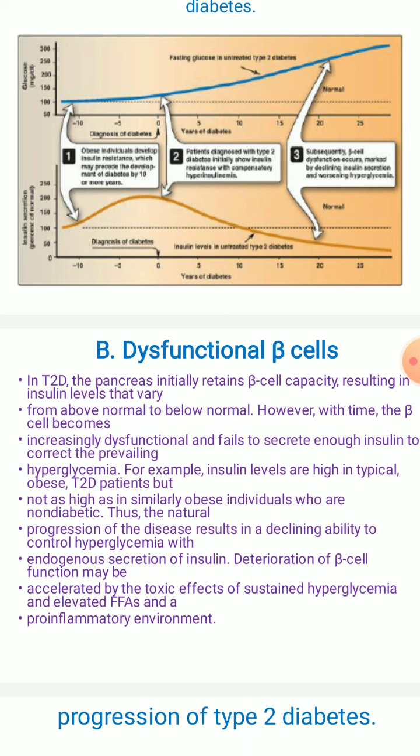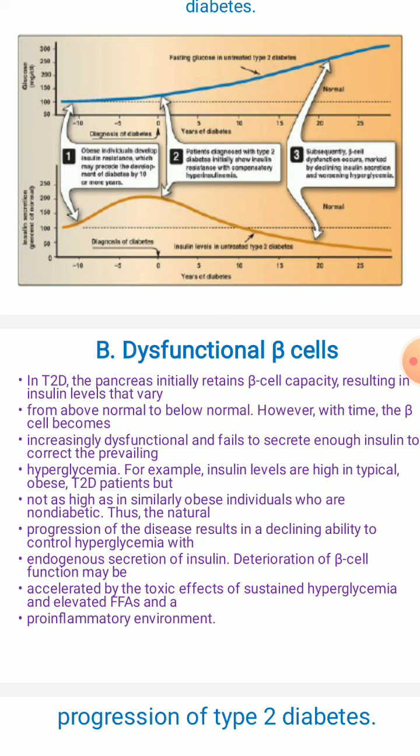Insulin levels will be higher in typically obese individuals with type 2 diabetes, but not as high as in similarly obese individuals who are non-diabetic. So you can see that the natural progression of the disease results in a declining ability to control the hyperglycemic condition with endogenous secretion of insulin.